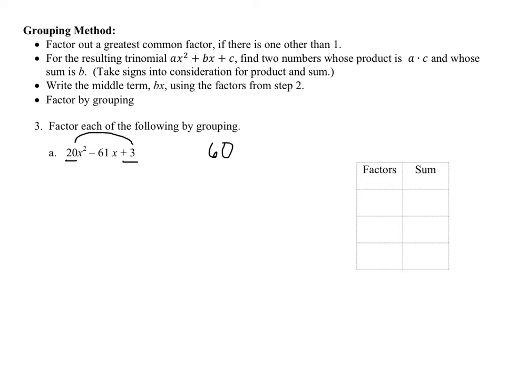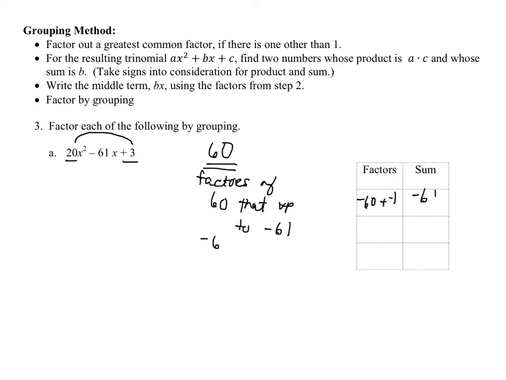Now, what I'm going to do is think of the factors of 60 that add up to negative 61. And that's going to be negative 60 times negative 1.